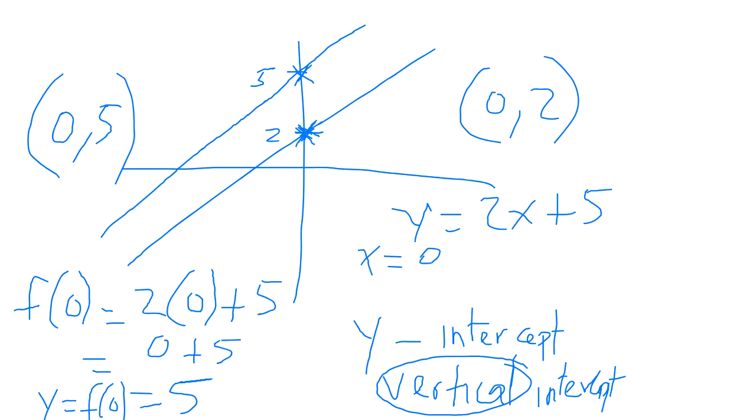Now, what about the x-intercept? Again, same concept. But this time around, we are looking at where the line cuts the x-axis. So again, I'm going to draw this, and let me put 4 here.